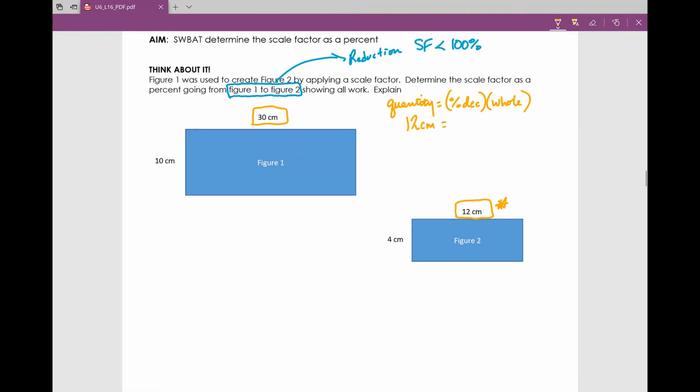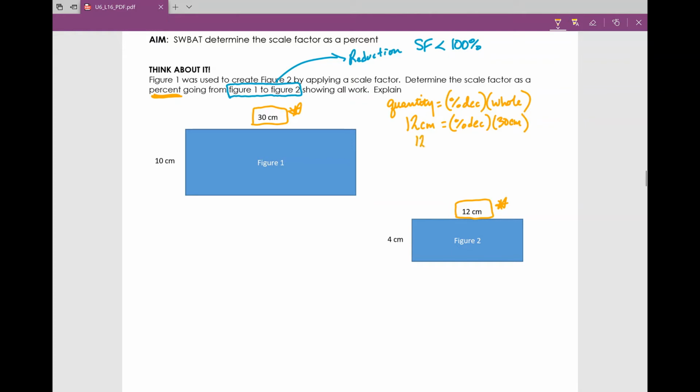Now, easy. We know we're trying to calculate the percent, so we don't know what our percent as a decimal is. And that would make our whole 30. Let me put units since I've been doing that. All of this is in terms of units. So now let's slim it down a little bit.